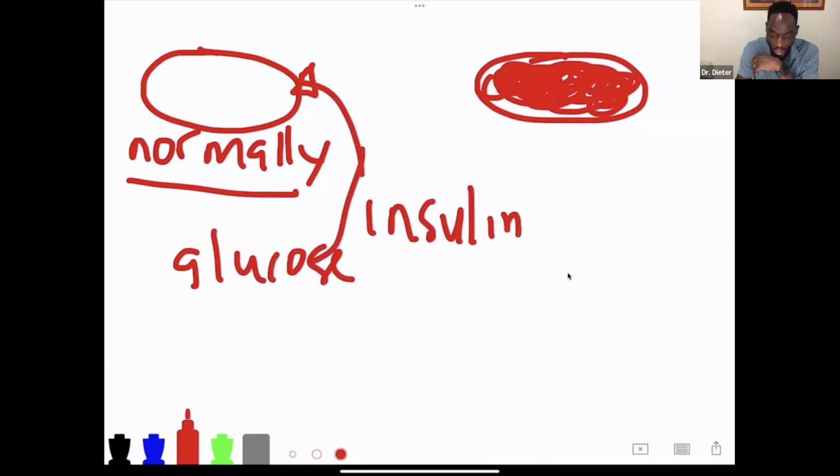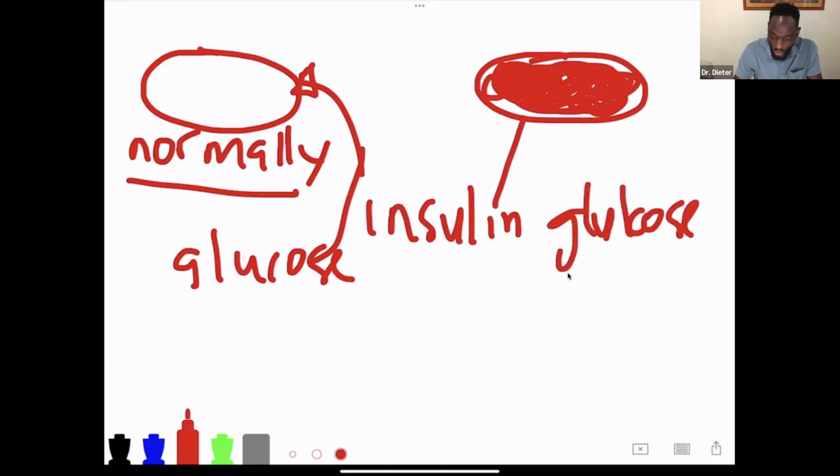Now you have a cell that, because of excess fat, occupies all the space that glucose has to come in. So when insulin comes to this cell and knocks on the door, knock, knock, knock, hey cell, I have glucose in the blood that I want you to take up so that energy can be produced.